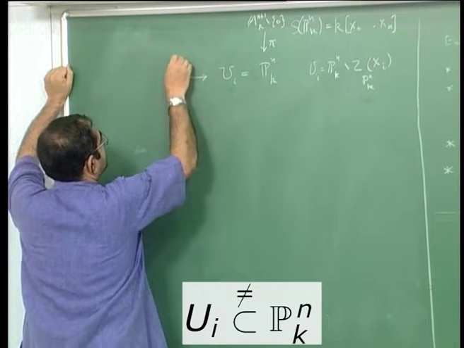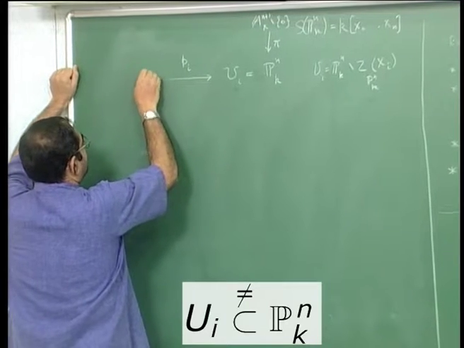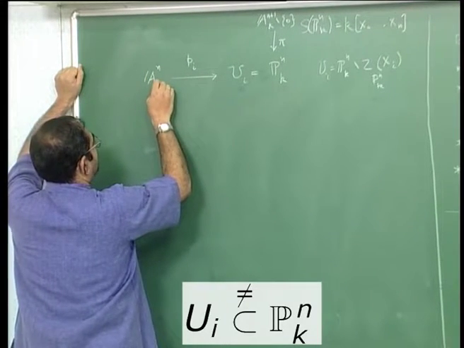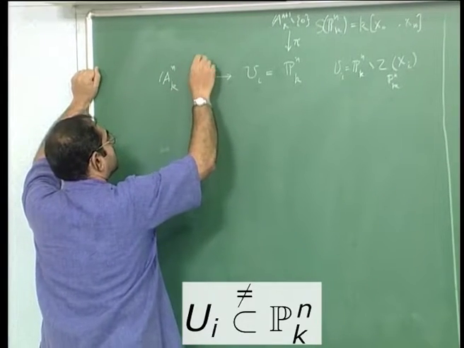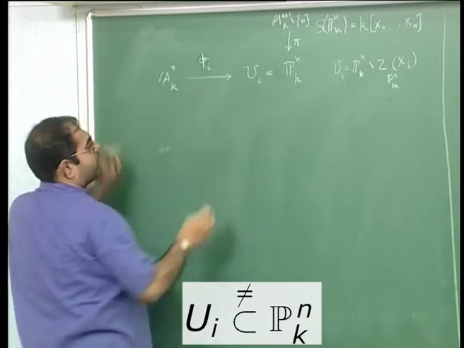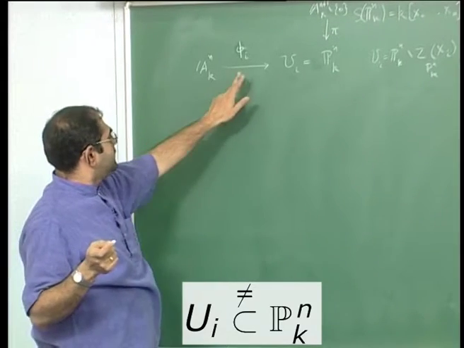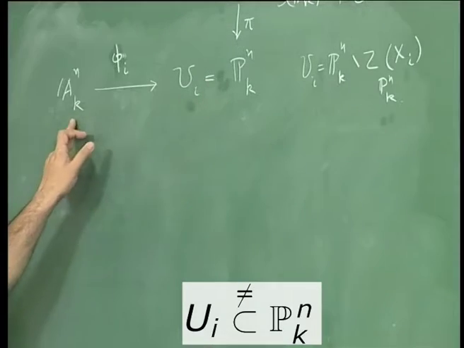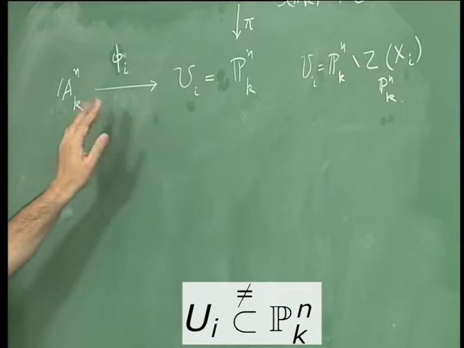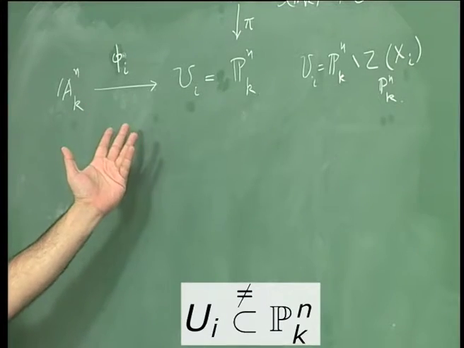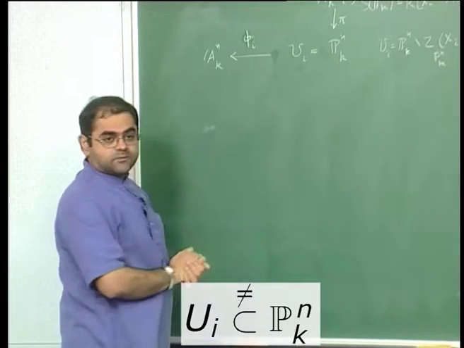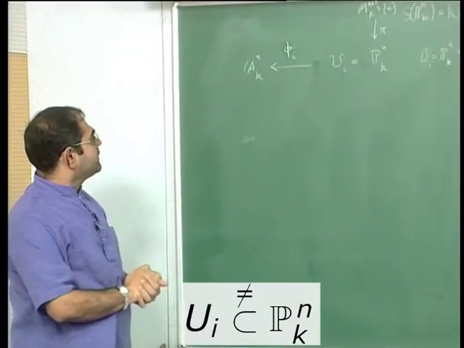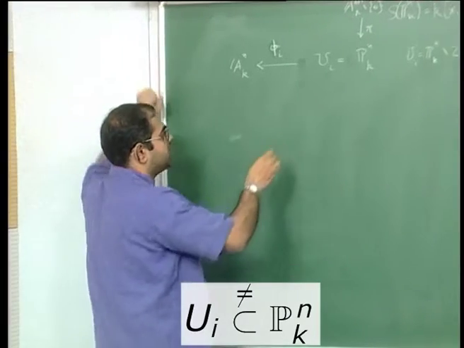Then I told you that there is a map phi from A^n to Ui, and I would ask one of you to check whether phi was defined in this direction or the other. Was this the map phi or was it the other way around? Okay, so it was the other way around. So let me stick to the notation I started with earlier, and this map was very simple.